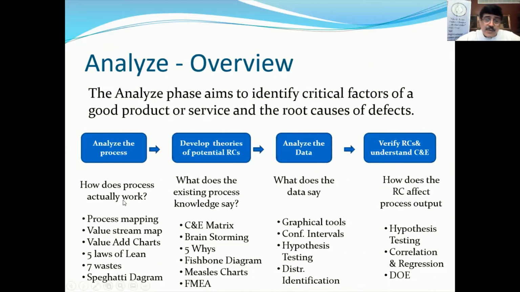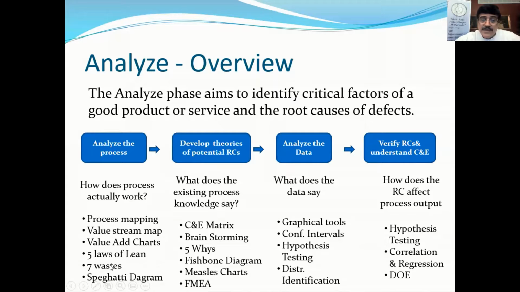So in each one of these, we're going to do process mapping. In Six Sigma, there's almost no project without a process map. There is a value stream map. There are others as well, which we probably will not touch all of. But there are the 5 laws of lean.